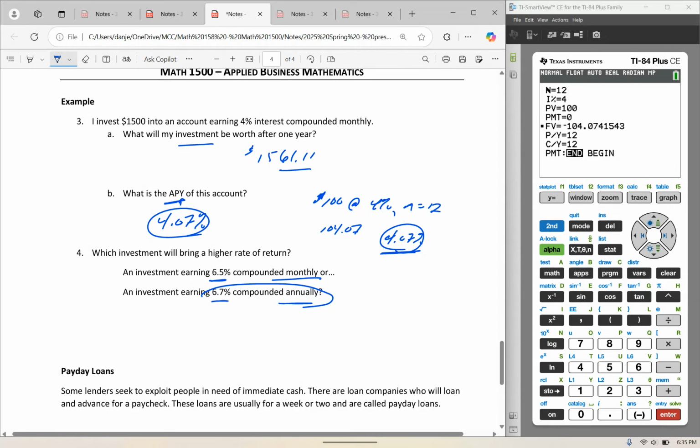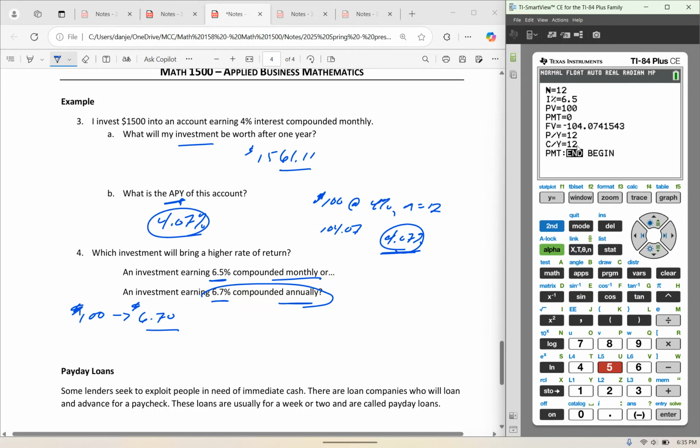Now the 6.7% compounded annually on $100, you're going to earn $6.70 in 1 year. But if I invest $100 at 6.5% interest compounded monthly, so my CY is still 12, and I do that for 1 year, so N is 12, notice the future value for my account is $106.70.